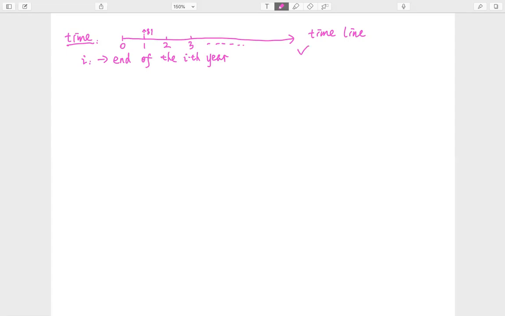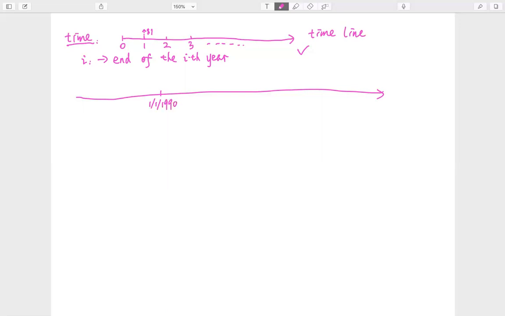Sometimes we will also have a little unusual case where I will specify the date of the payment. Let's say I will receive some payment on the first day of each year, say January 1st. So let's just randomly draw a timeline again. Hypothetically, say we are at January 1st, 1990.